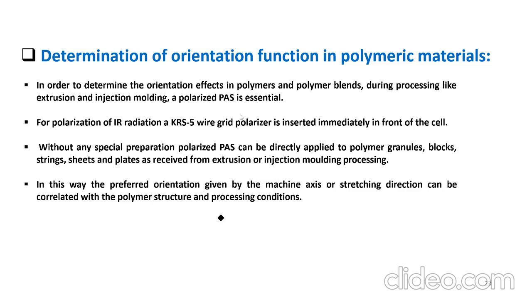Without any special preparation, polarized PAS can be directly applied to polymer granules, blocks, sheets, strings, plates, etc. In this way, the preferred orientation given by the machine axis can be correlated with the polymer structure and processing conditions.